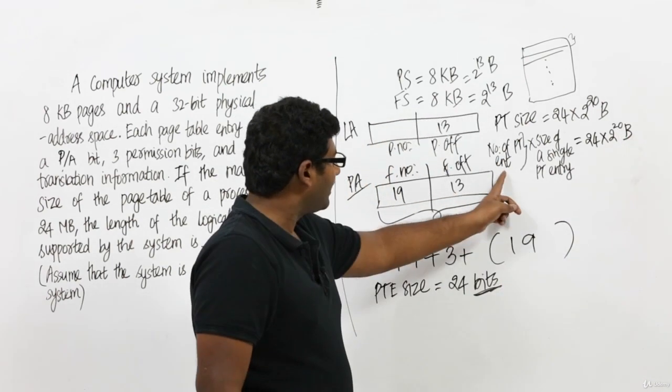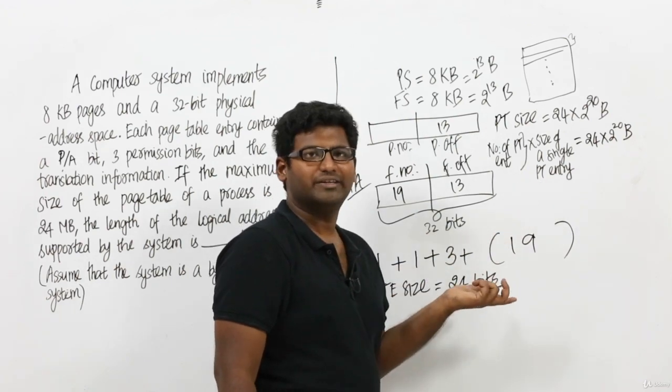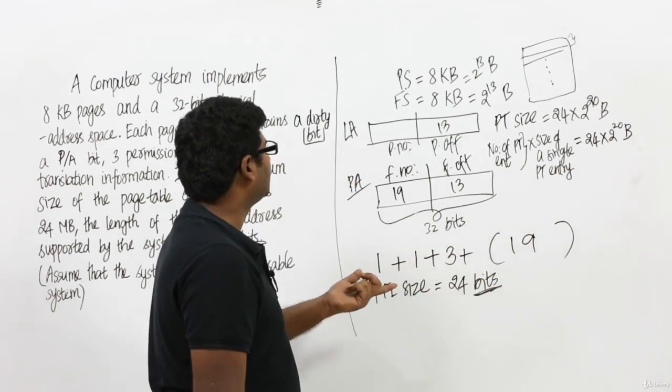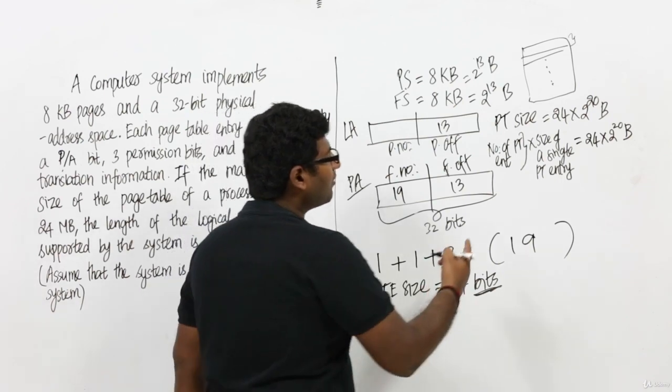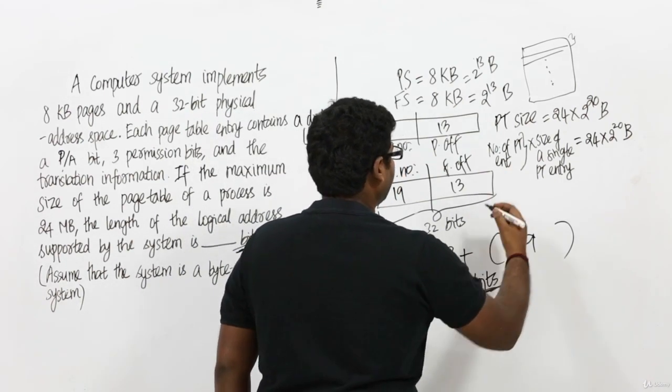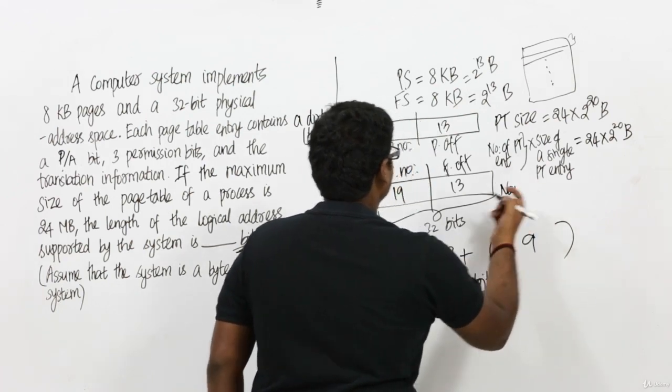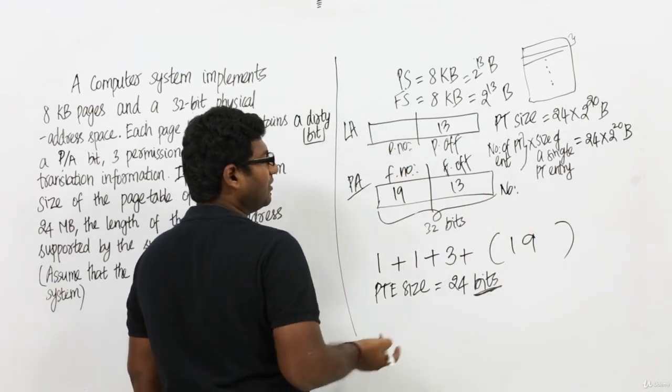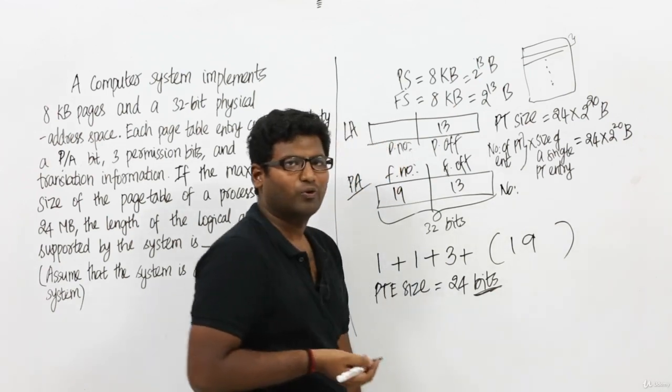Now, do we know any of these things? In case we know it, we can solve it. We don't know the number of page table entries, right? In case you know the page number field, we can calculate the number of page table entries. Why?